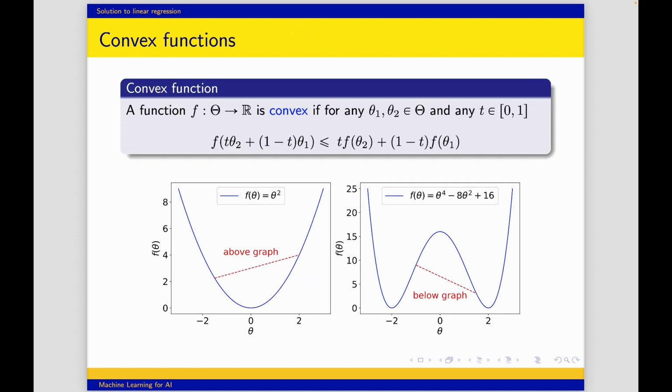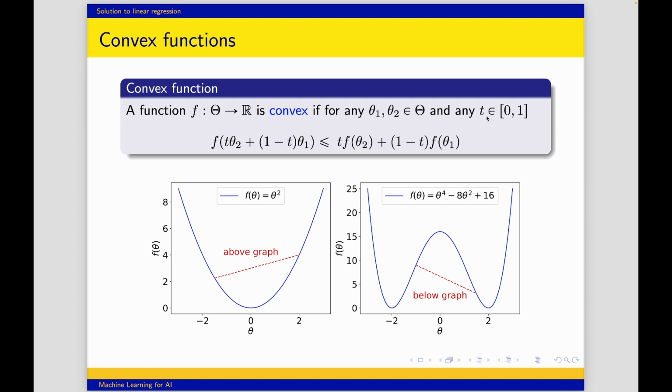So the definition of a convex function is as follows. We're considering only functions that are real valued, so they map to R. Let's say we have a function of theta defined on some set theta, and we pick any two values arbitrarily of theta in this set. Let's call them theta 1 and theta 2.